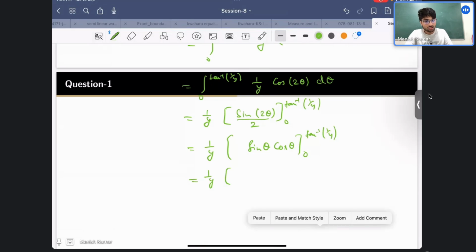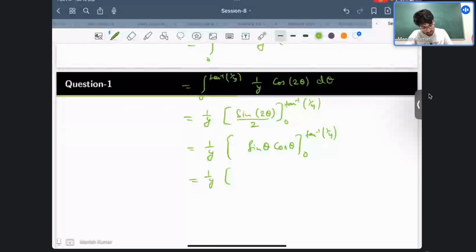So what I do, I multiply and divide by cos theta, so I'll have tan theta, and here I'll have cos square theta, right? Sine by cos will be tan, and then cos square theta, 0 to tan inverse 1 by y.